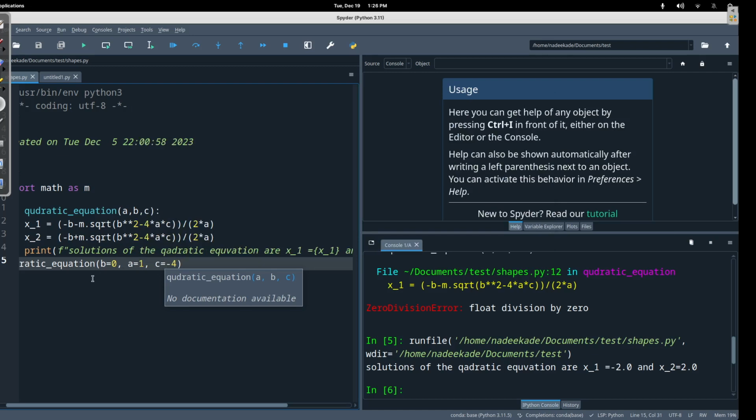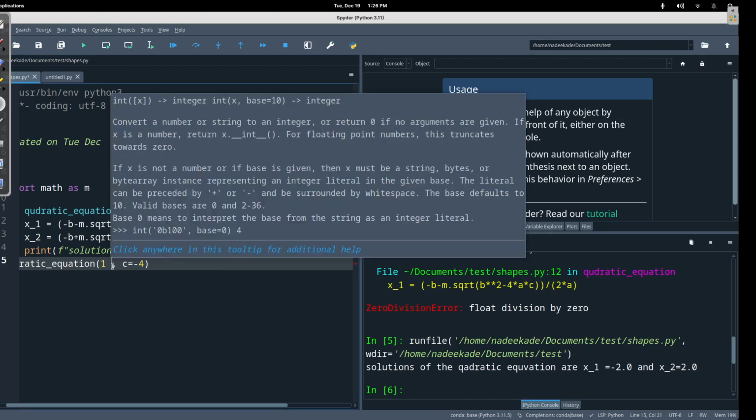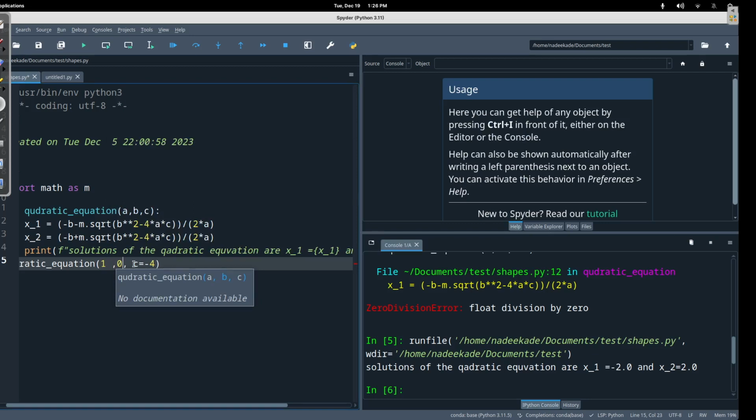So this is passing values by keywords. Okay, so this one is just passing values by position. Okay, so here it's not a problem if we pass in the correct order.